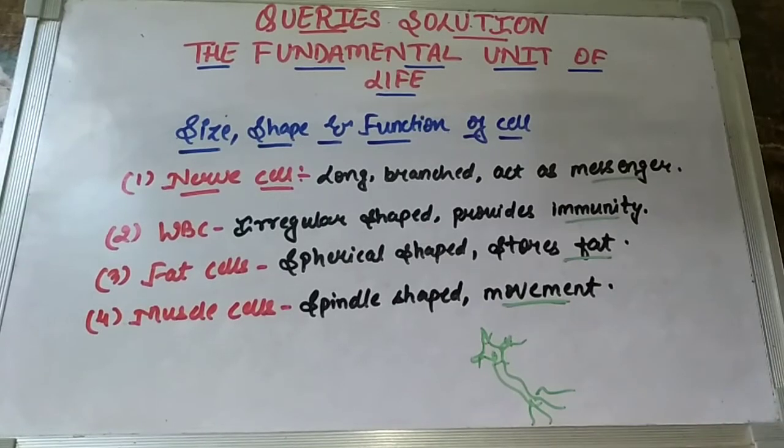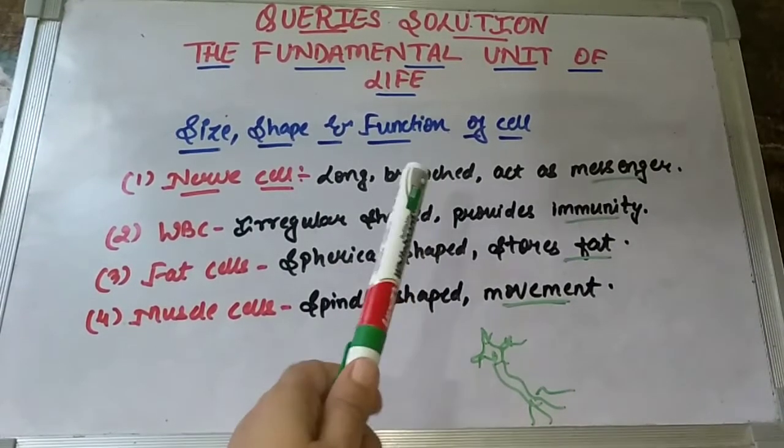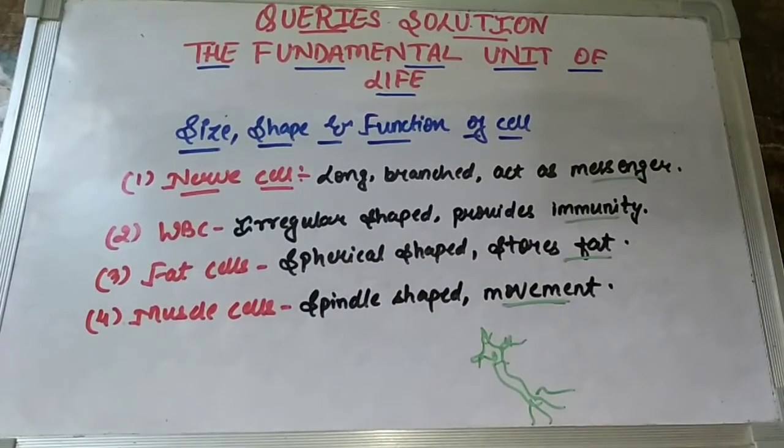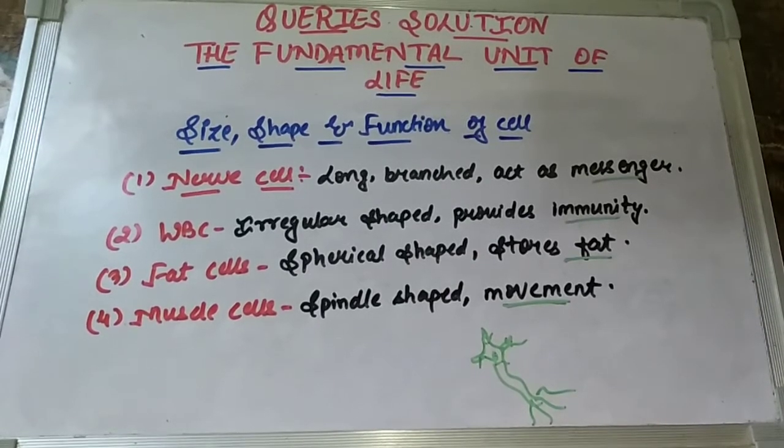So what does this structure basically help with, children? This long and branched structure allows it to pass on messages. It is acting as a messenger in our body. What do we do? How do we react? All these messages are passed on to our brain or spinal cord, and based on the messages that come back to us, we complete a function or perform an action.